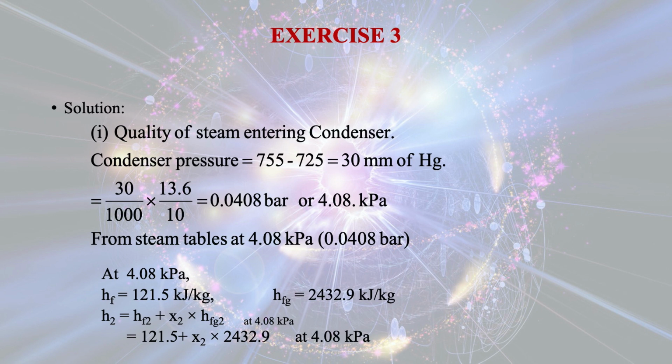Now H2 is equal to HF2 plus X2 multiplied by HFG2, but here X2 is the quality of steam or dryness fraction of the steam at the pressure 4.08 kilopascal. So H2 is equal to 121.5 plus X2 multiplied by 2432.9, at pressure 4.08 kilopascal.